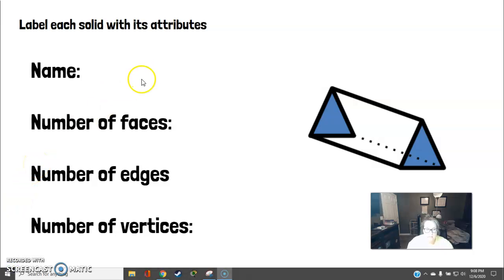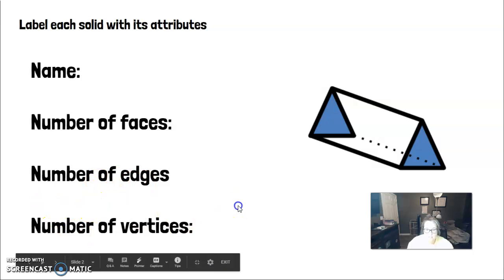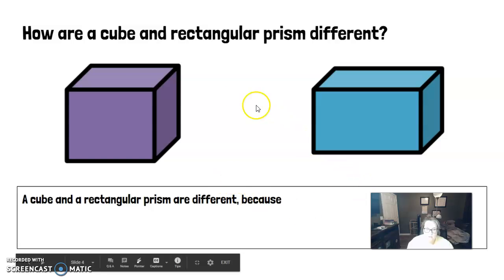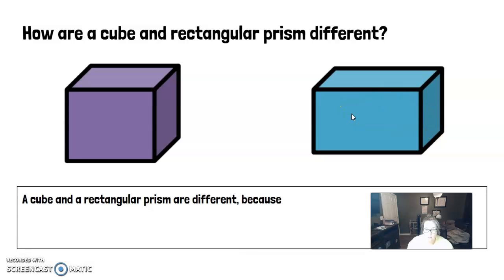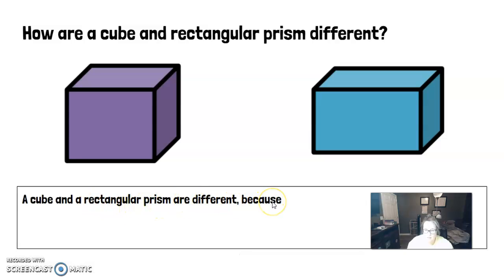There are going to be a few different pages where you are going to tell me the name, the number of faces, and the number of edges, and the number of vertices for different objects. And then I want you to tell me how a cube and a rectangular prism are different. And I started this sentence for you. It says a cube and a rectangular prism are different because, and I want you to tell me why they are different.